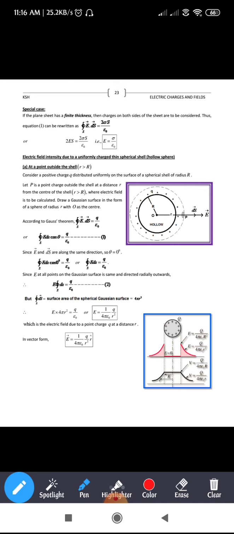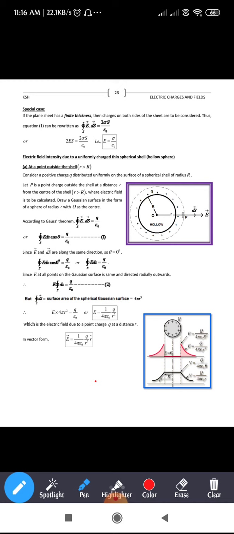Let us say that P is a point where we need to calculate the electric field. In order to calculate the electric field at point P, we consider a Gaussian surface, which will be spherical.